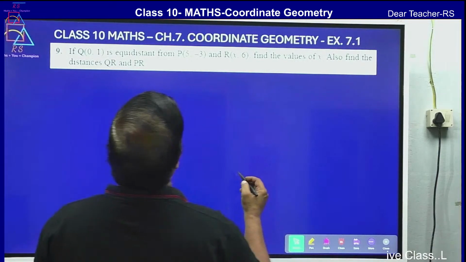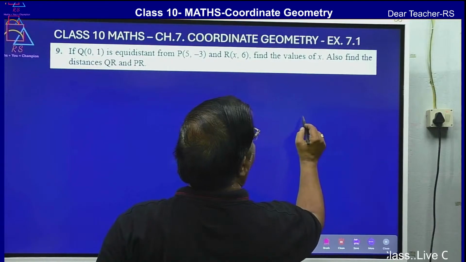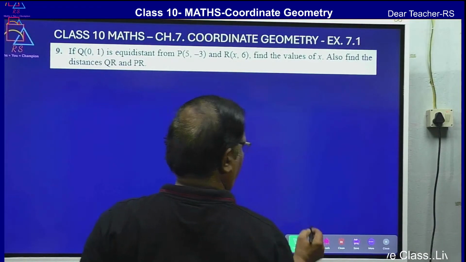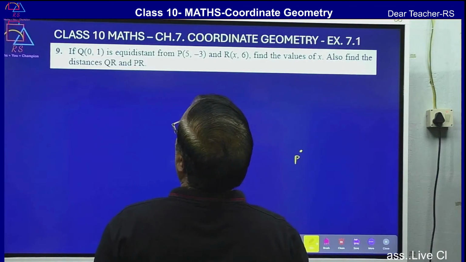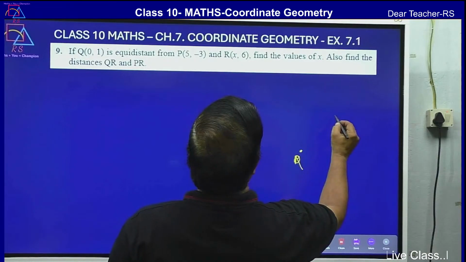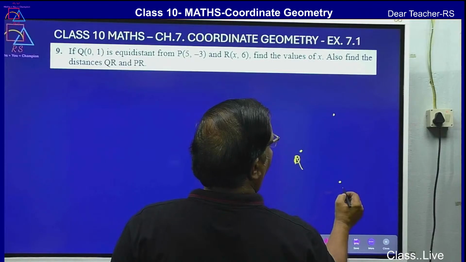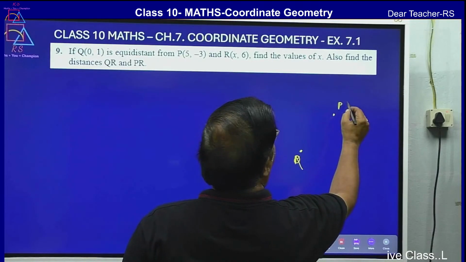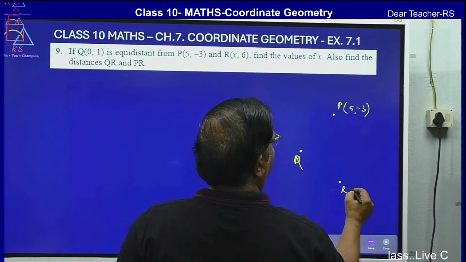But Q is equidistant from P and R. So this is P and this is R. P is equal to (5, minus 3) and R is equal to (x, 6).